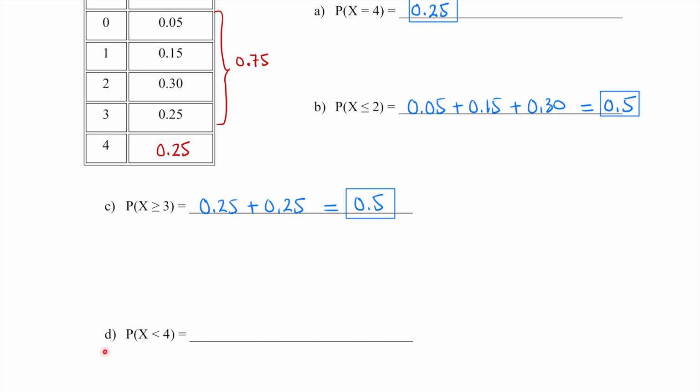Part D, find the probability that x is less than 4. Values less than 4 are 0, 1, 2, and 3. Add the corresponding probabilities. So we'll take 0.05 plus 0.15 plus 0.30 plus 0.25. And that equals 0.75.